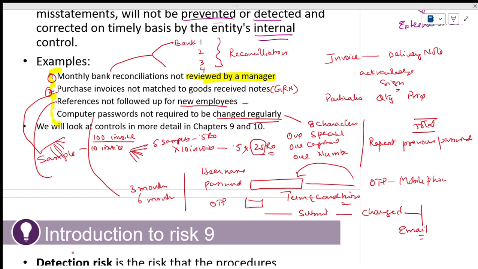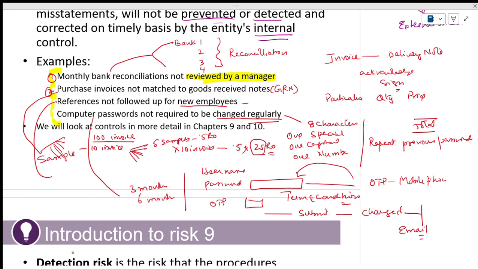If you have not deposited, reply to this message. When you change the password, a message will come on your registered mobile that the password has been changed successfully.